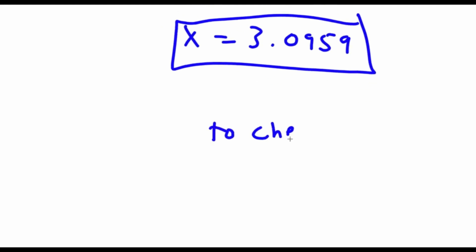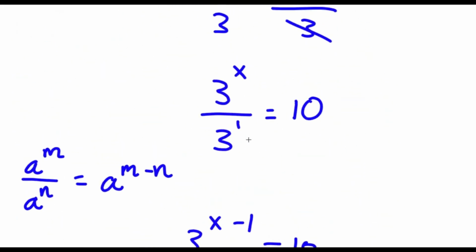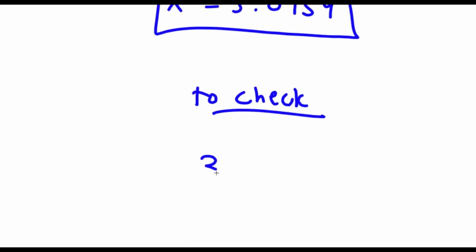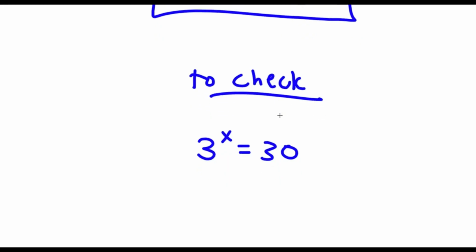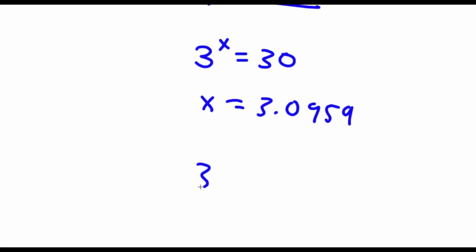Now to check, my original equation was 3 to the power of x is equal to 30. We know that x is equal to 3.0959. So now if I plug this in, I have 3 to the power of 3.0959 is equal to 30.